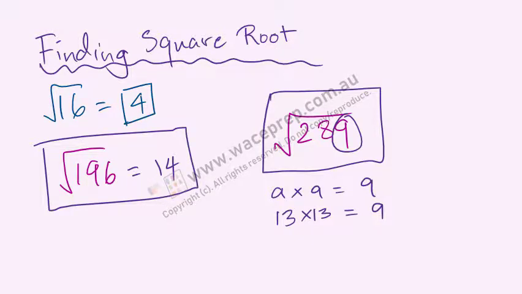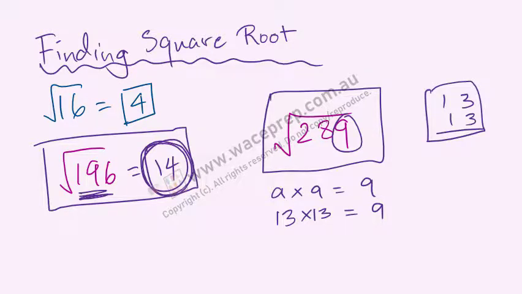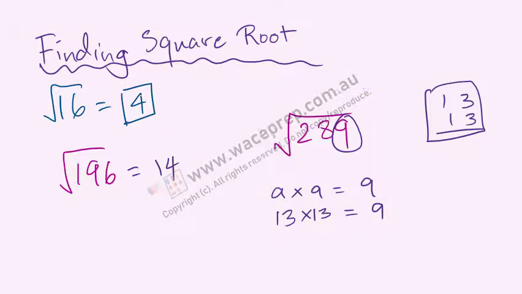Let's quickly use 13 and see if we get the answer. 13 times 13. Now remember in our last calculation we used 14 times 14, and that only gave us 196. So 13 times 13 is definitely going to give us less than 196, right? But what we need is something as big as 289. So 13 is not going to work.